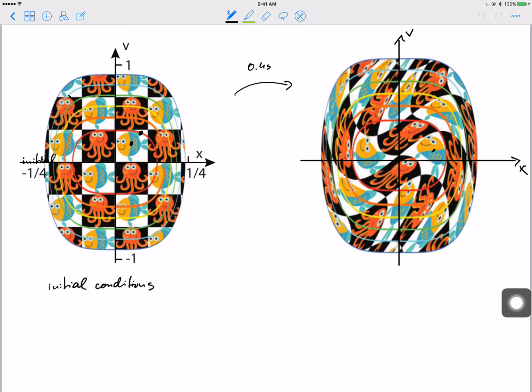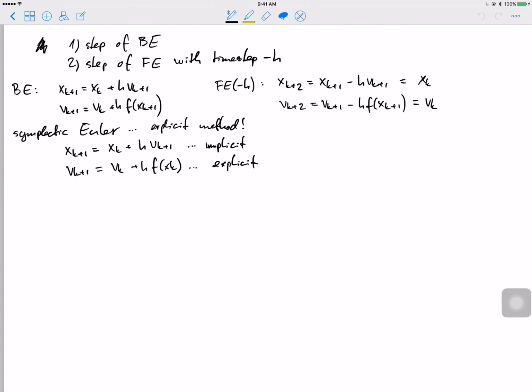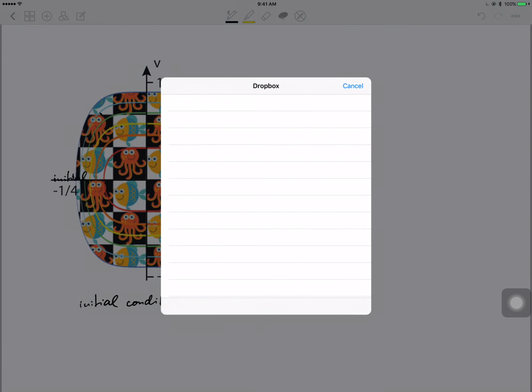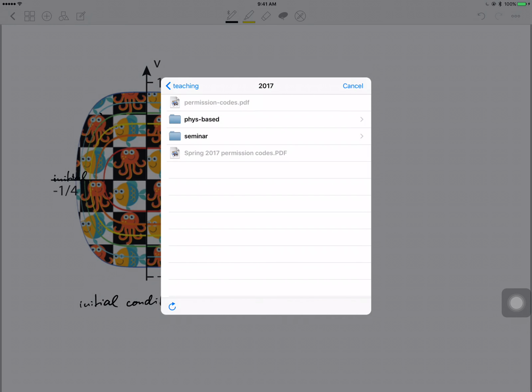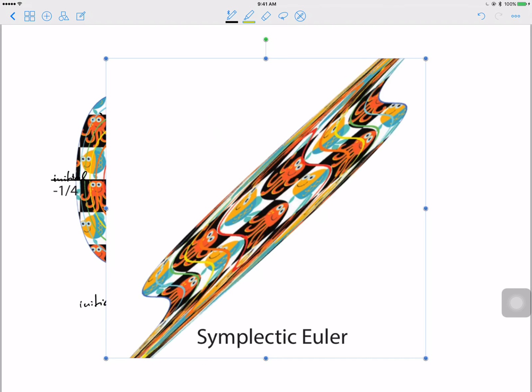And graphically, what that means is this. Let me do a similar image here. So, initial conditions, and let me show you, how do you think that will look? Symplectic Euler, there we go.